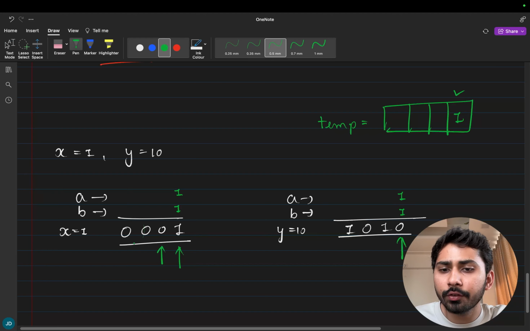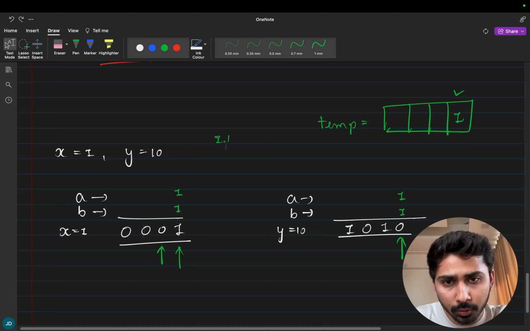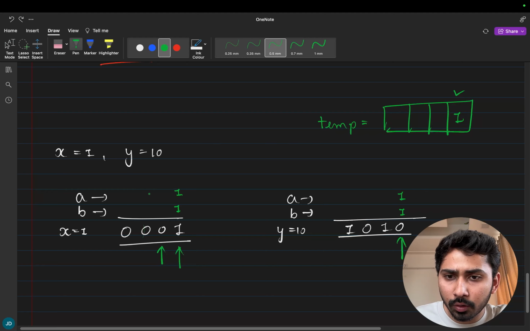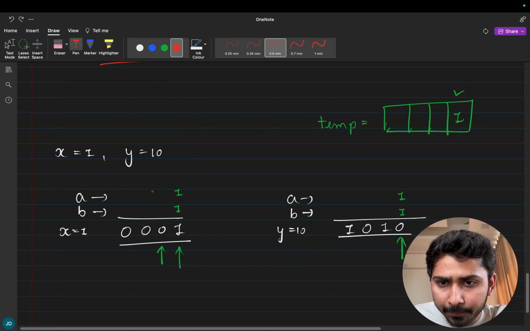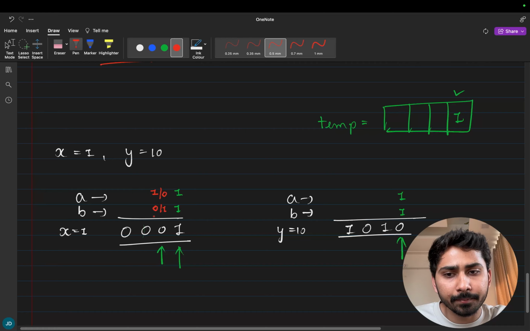So the next bit in X is 0. Now tell me when the output of AND will be 0. 1 and 0 will be a 0, 0 and 1 will be a 0, or 0 and 0 will be a 0. So here there are two different possibilities. If you keep a 1, then this bit should be a 0 in B. If you keep a 0, then this bit can be a 0 or it can be a 1.